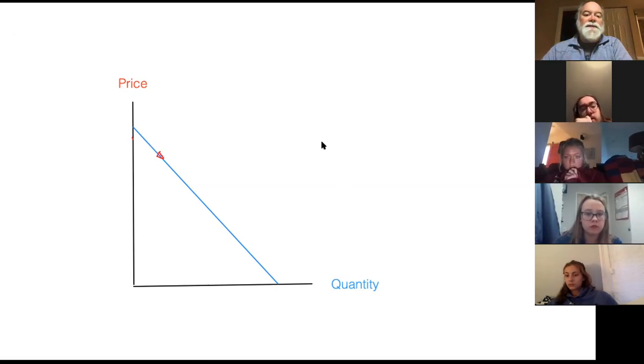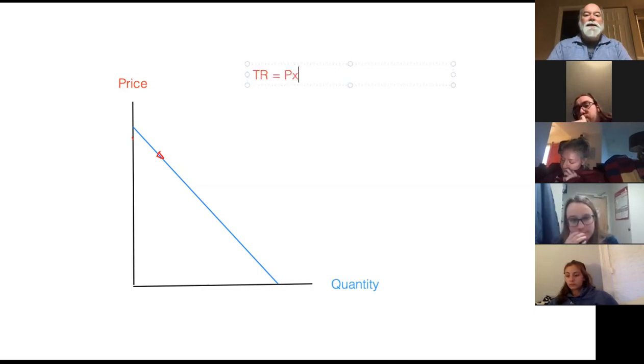Okay, how do we sell more output here? Let me just write something in first. Total revenue equals price times quantity, right? So total revenue is the money the firm brings in by selling its product, right?